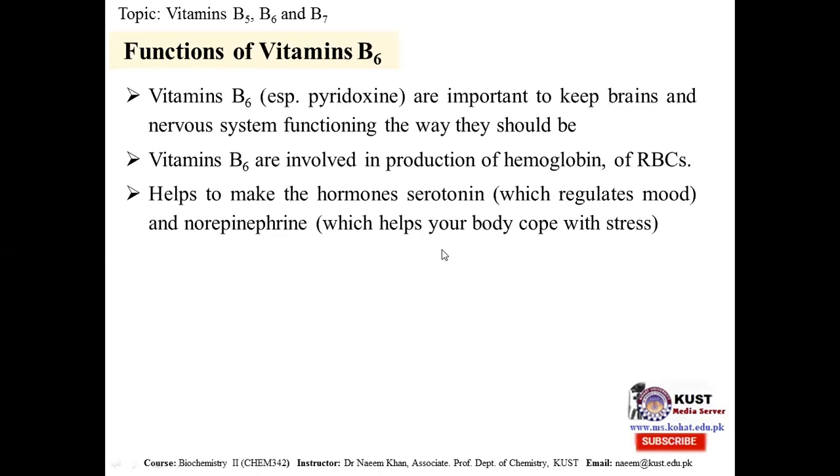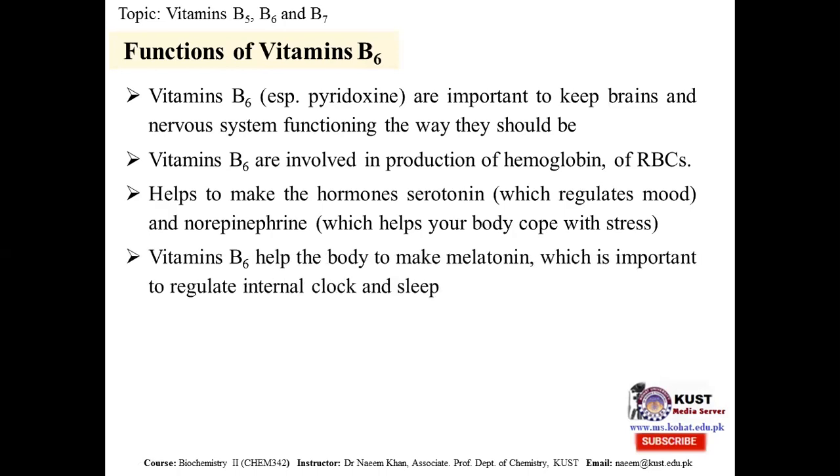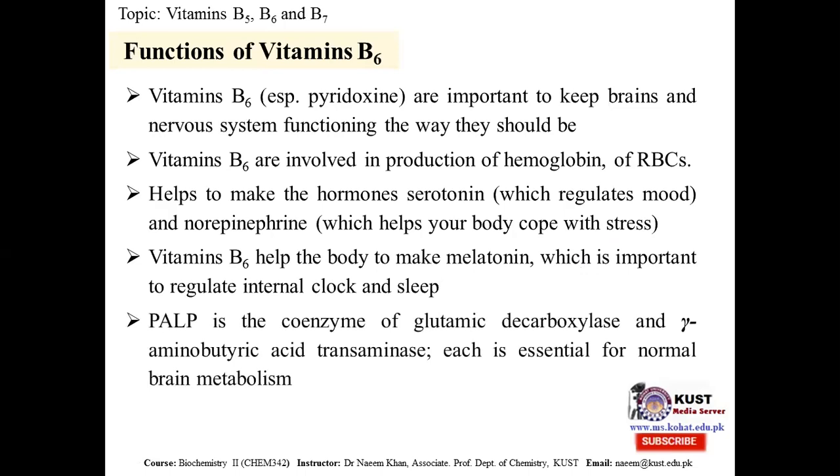These two hormones are very important, and they require vitamin B6 for their production. Vitamin B6 also helps the body to make melatonin, another hormone, which is important to regulate the internal clock and sleep. This internal balance of clock and sleep is very important, and it is produced by melatonin, which is also produced with vitamin B6.